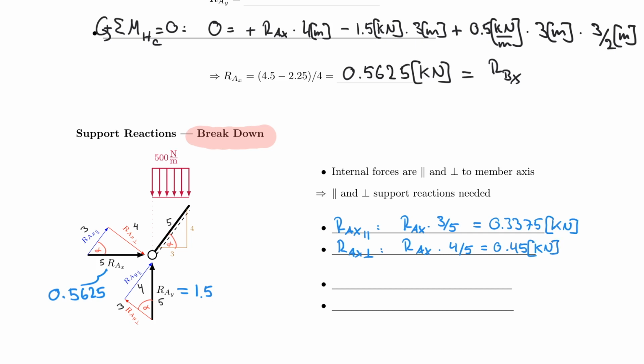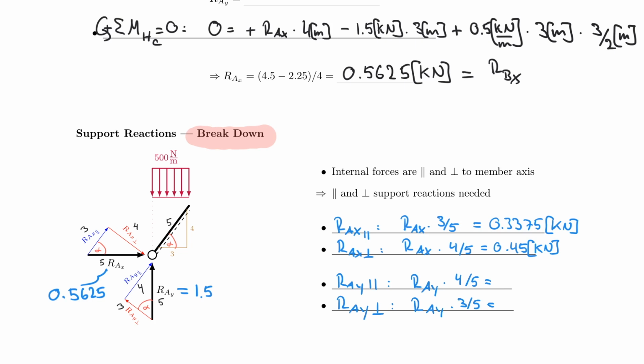Now let's do RAY parallel and RAY perpendicular. And that is very similar again. RAY times 4 over 5 and RAY times 3 over 5. No different from what we did for the self-weight.